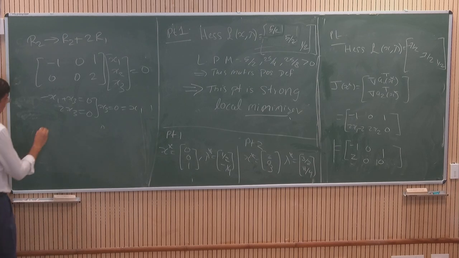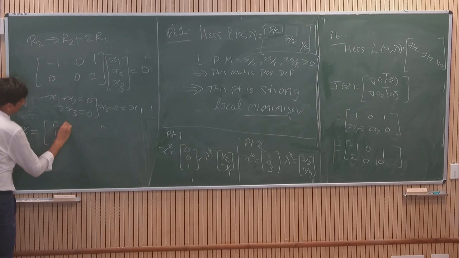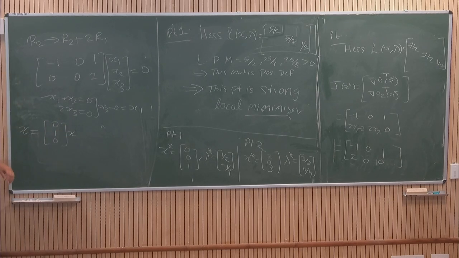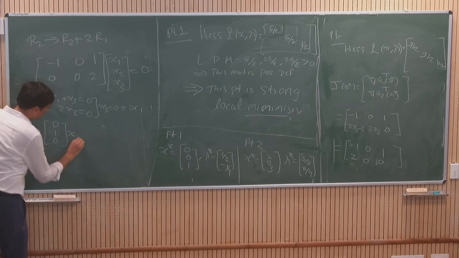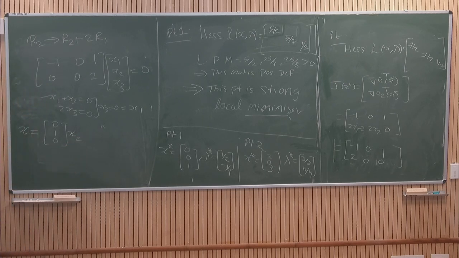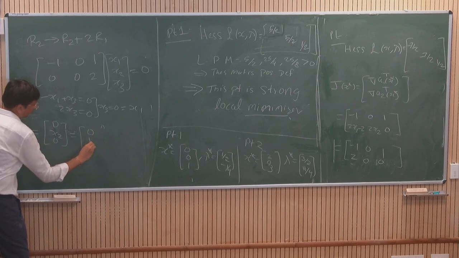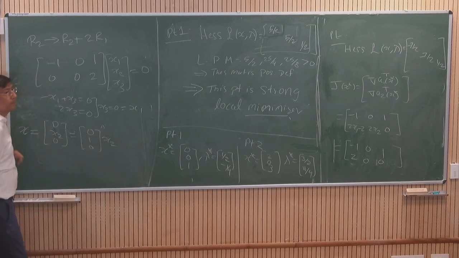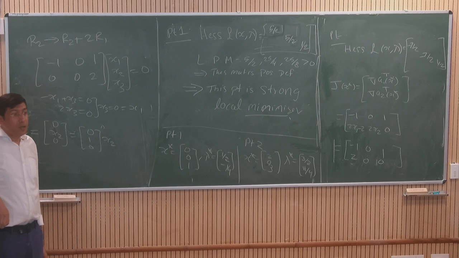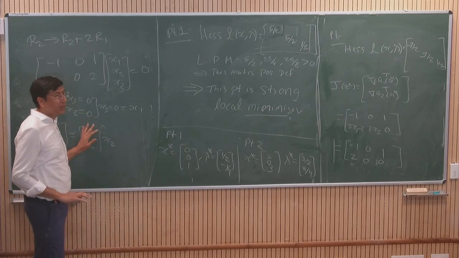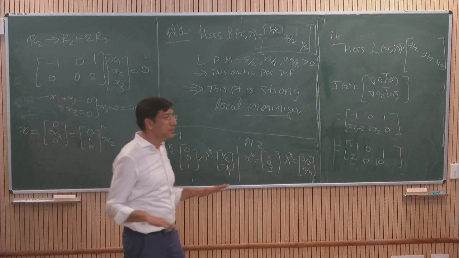Which means that the solution to this matrix times x equal to 0 is 0, 1, 0 times this x2. Or if I want to write it like this, I can pull this x2 out, it will be 0, 1, 0 and x2. Everybody with me? So this vector is forming the basis of the null space. What is a basis?